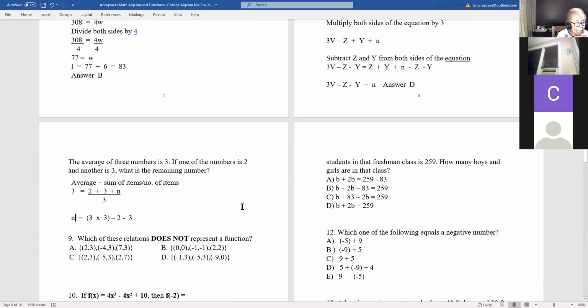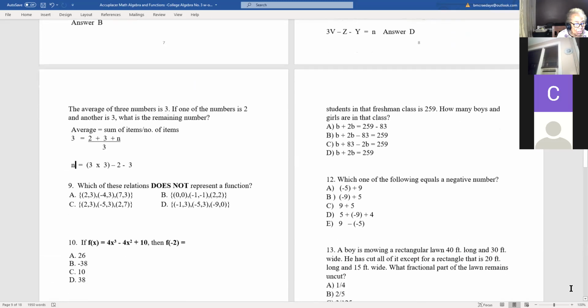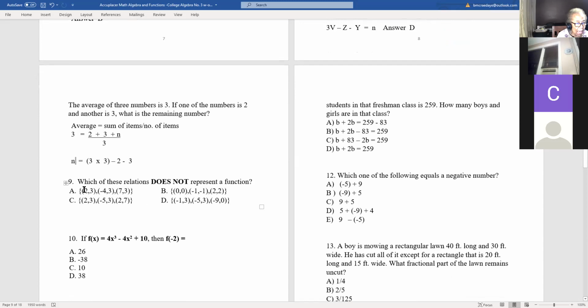Now, I don't think I told you anything about functions, but let me just give you a little lesson on functions. Now, whenever you have like this 2, 3, that means x, y, x, y, x, y. X always comes first, right? Yeah.